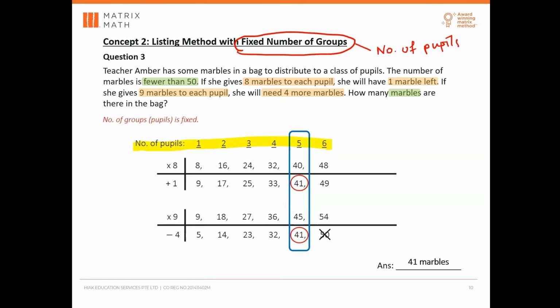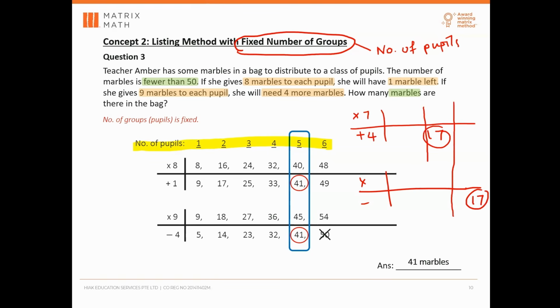So if let's say I have a question which says I have a times 7 plus 4 or something like that, and then times something minus something. And then if let's say this is 17, then the answer here is 17. You cannot, this will not be the answer because it is not within the same column.